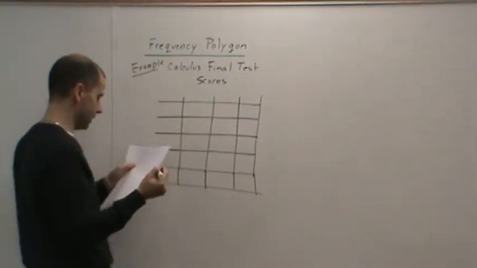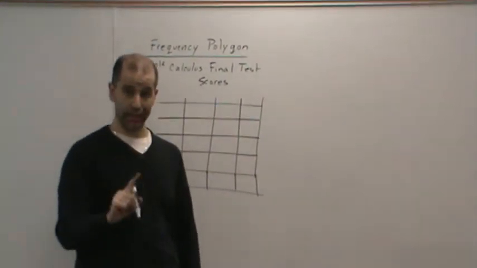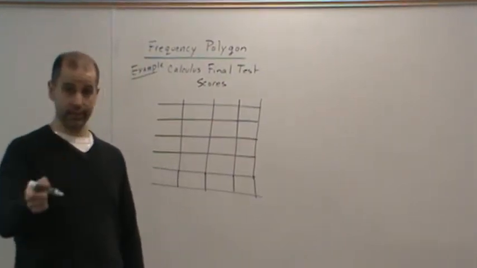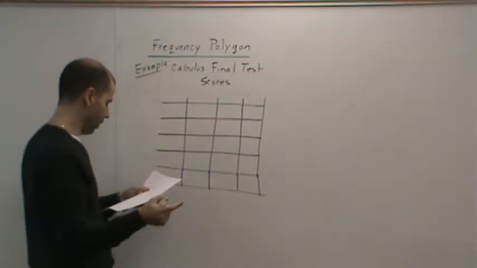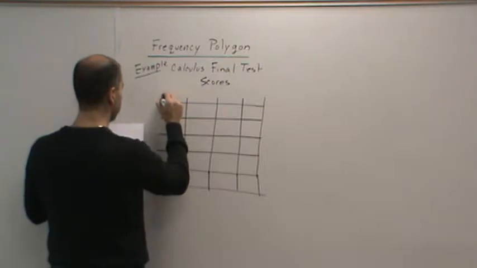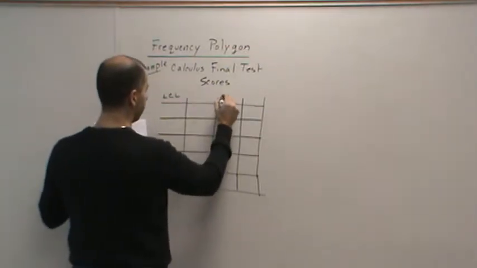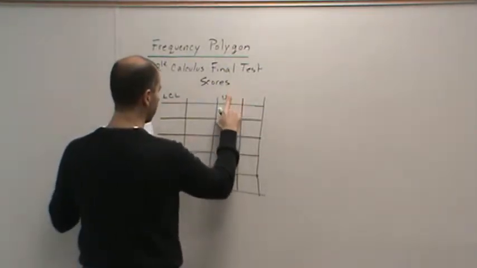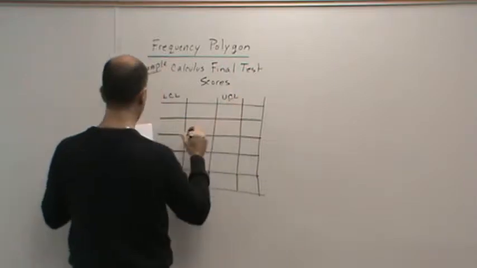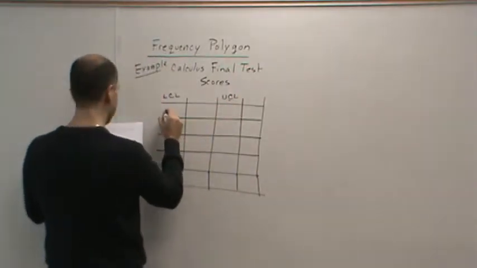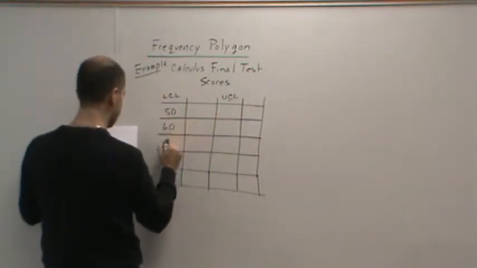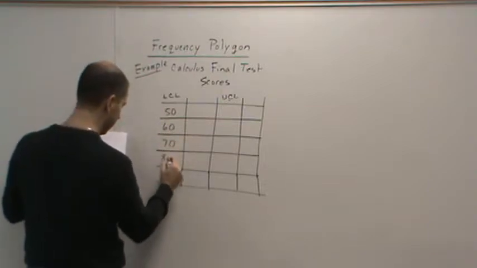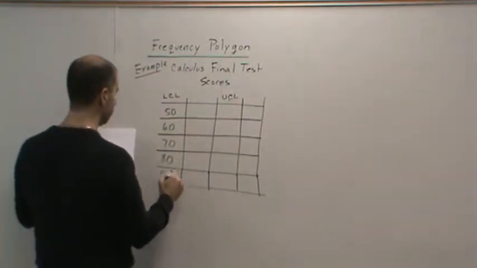It doesn't matter if you use class boundaries or class limits for this case. It's not going to change the midpoint of the class. So I'm just going to use class limits. So this is going to be lower class limit and upper class limit. Okay? And so we have 50, 60, 70, 80, 90.